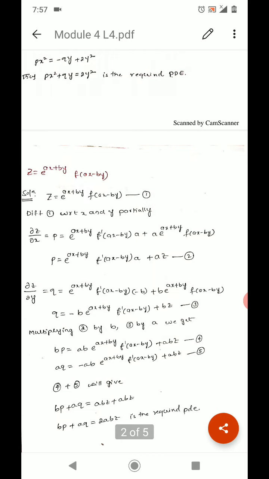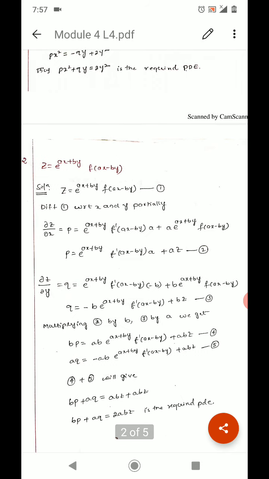plus now keep the second function f of ax minus by as it is and differentiate the first function e power ax plus by. So differentiation of e power ax plus by is e power ax plus by, and differentiation of ax plus by is a, since x becomes 1 and by is a constant.